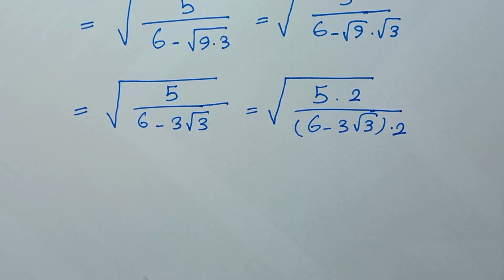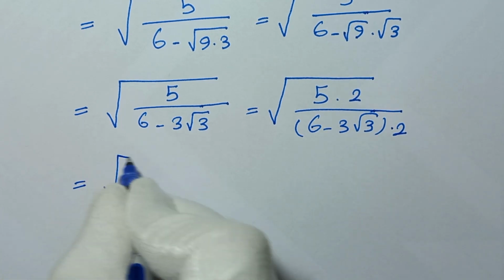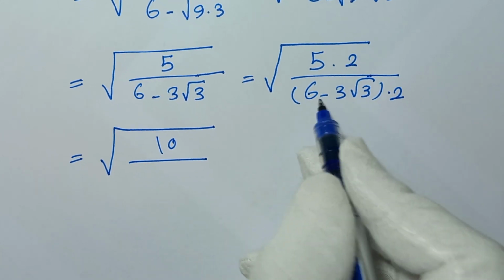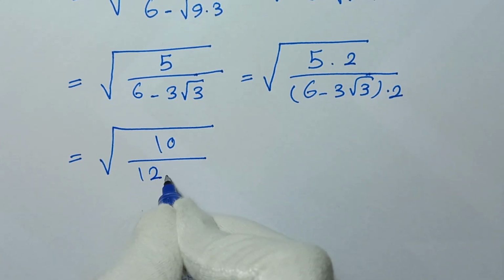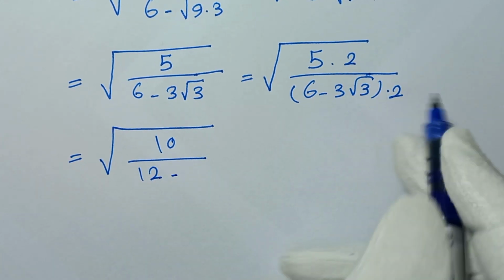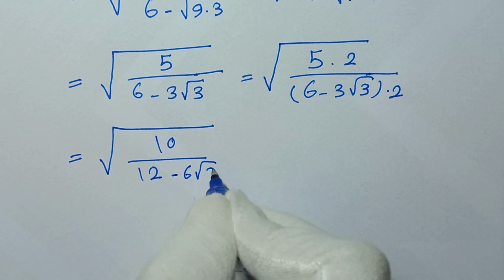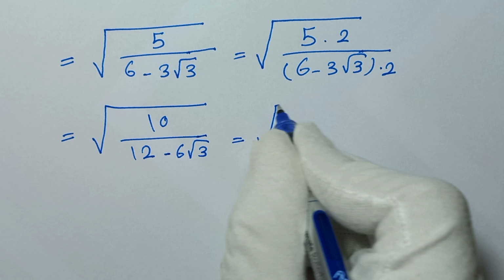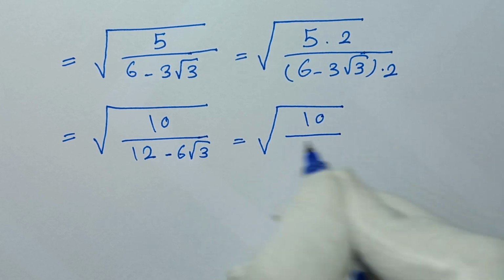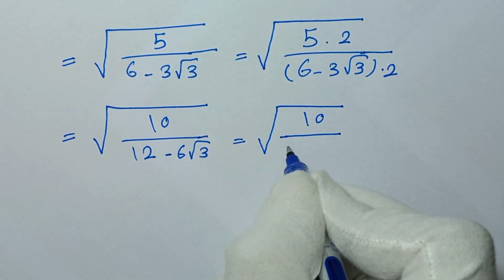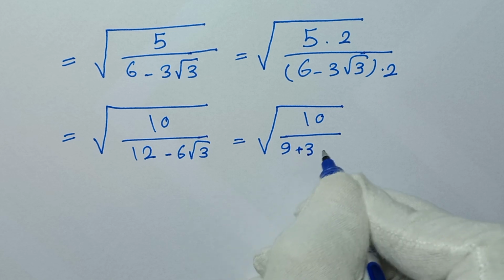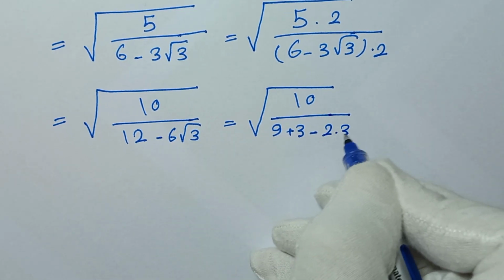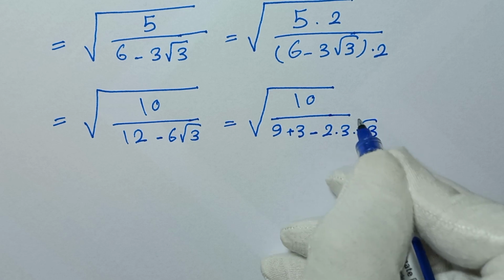And it will be square root of, here 5 times 2 is 10, and 6 times 2 is 12, and minus 3 square root of 3 times 2, it will be 6 square root of 3. And here we can write square root of 10 over 12, and we write 12 as 9 plus 3, and minus 6 square root of 3, and we can write this as 2 times 3 times square root of 3, right?